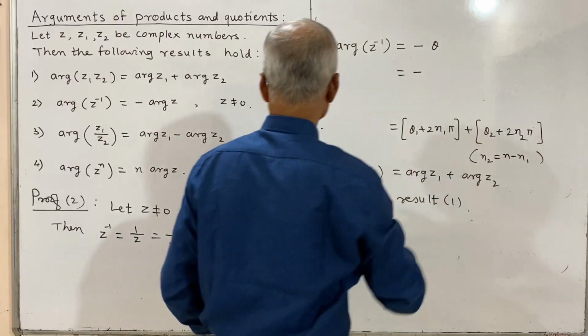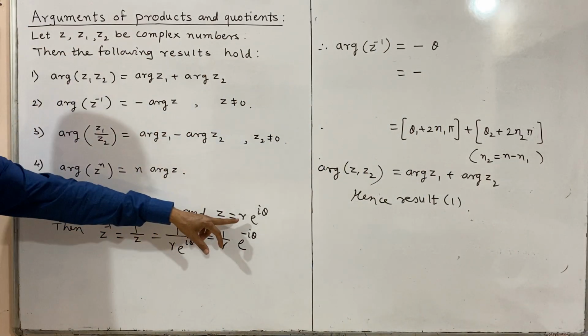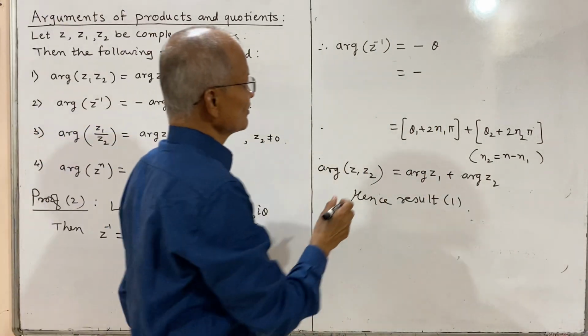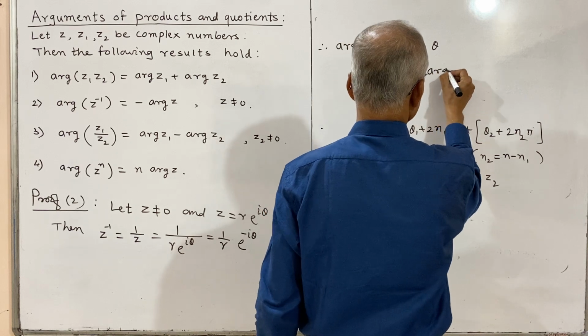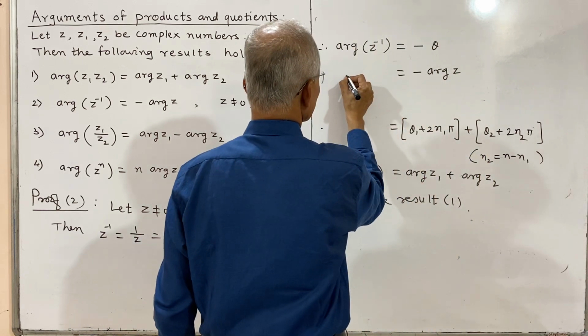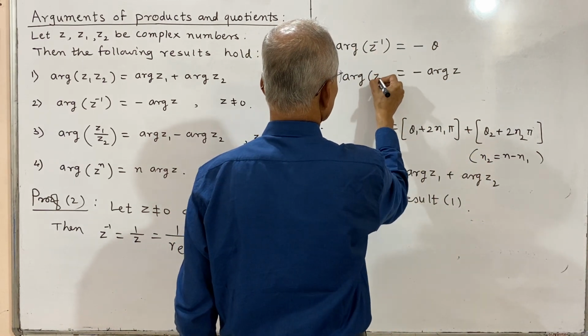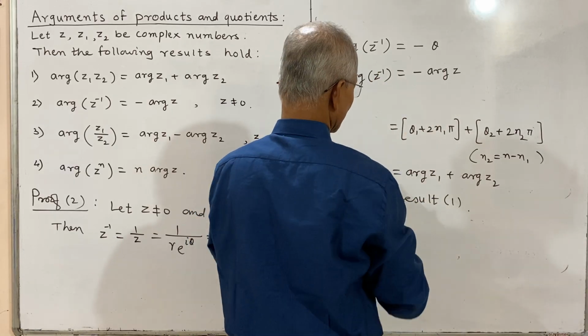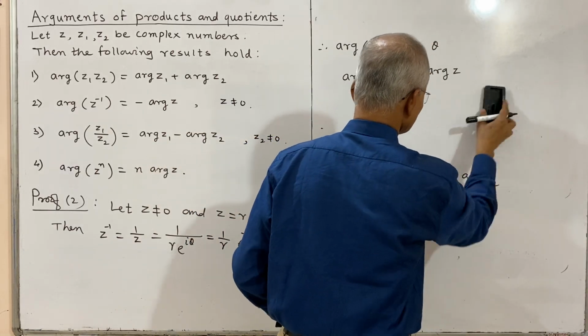But what is theta? Theta is the argument of z. So the argument of z inverse is equal to negative argument z.